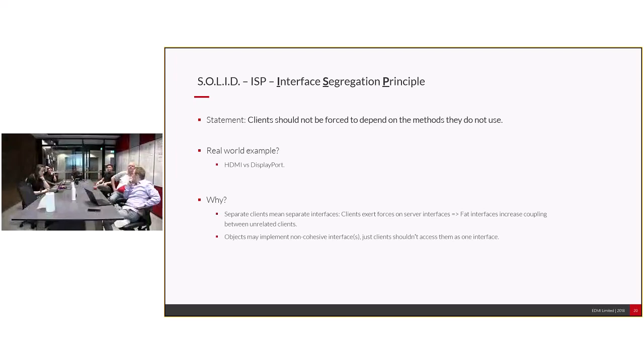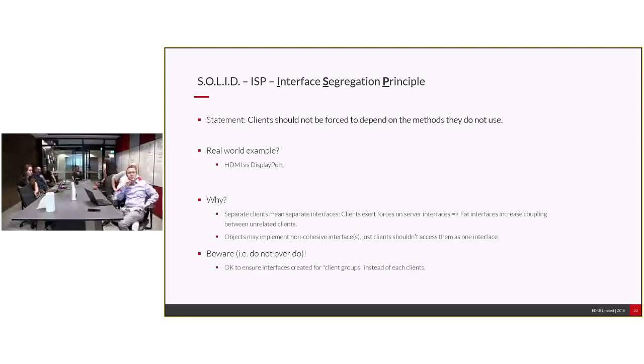However, for coding, you don't want to split your classes into multiple classes. You can have one class implementing all those individual cohesive interfaces, but what the client gets is a view of that class with just that interface. That's the trick here.